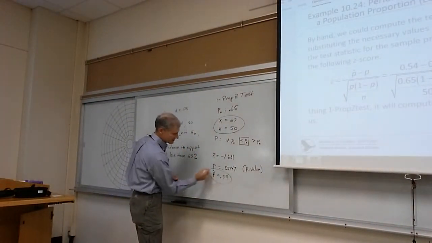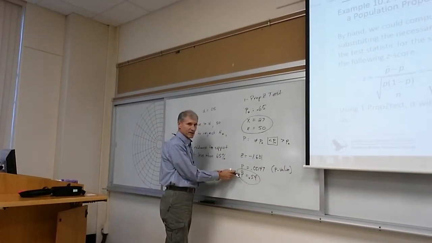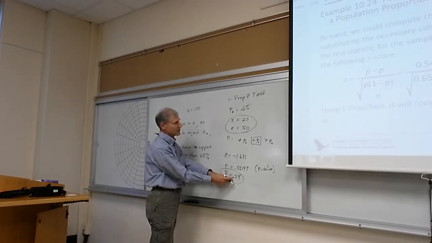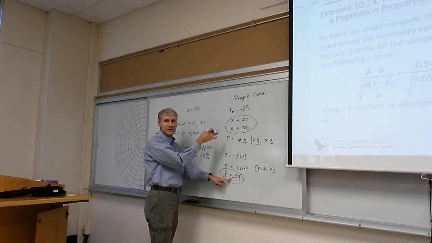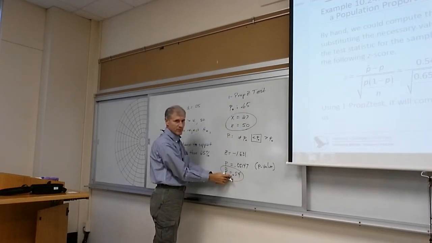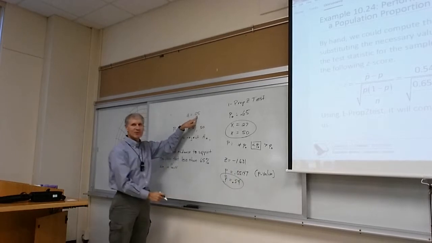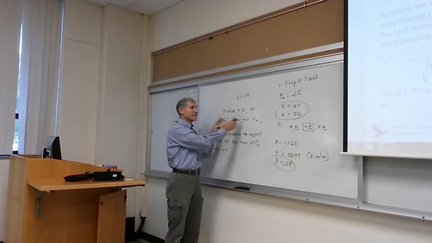It's the probability you could get sample data with a sample proportion of 0.54 or a number even further from 0.65 if the null is true. If it's really 65% in the population, getting 54% in a sample is possible, but not very likely. But it's a little too likely compared to the significance level, a little more likely than the significance level, so we still fail to reject.